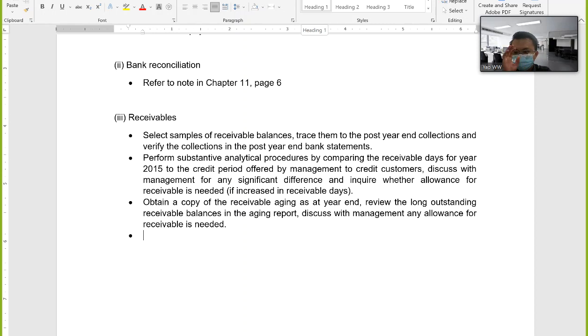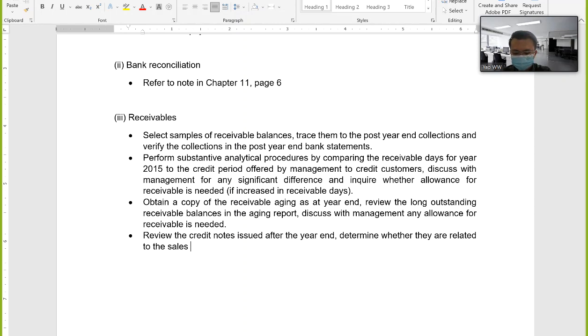So I want to see the credit notes after year end. Are they related to the sales before year end? If yes, please deduct the sales before the year end, not after the year end. So review the credit notes issued after the year end. Determine whether they are related to the sales before year end.